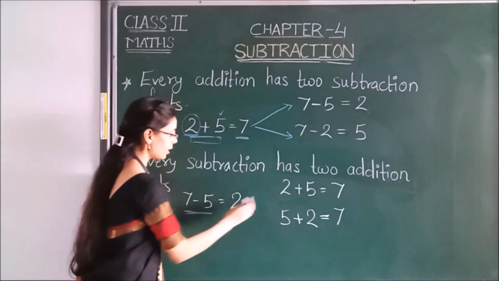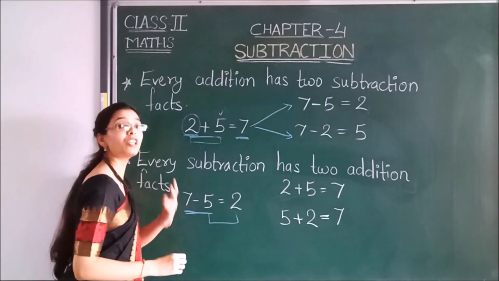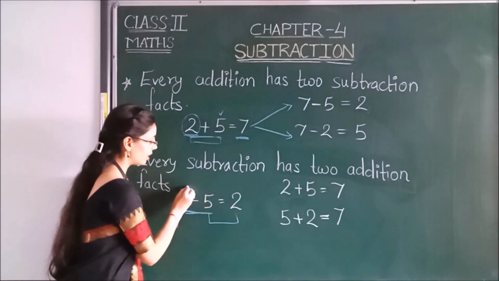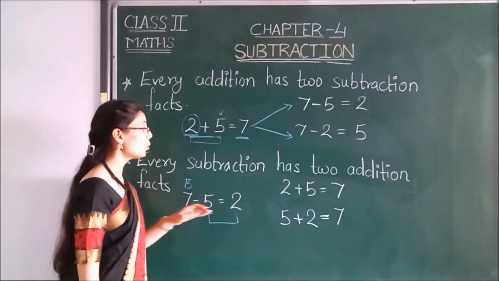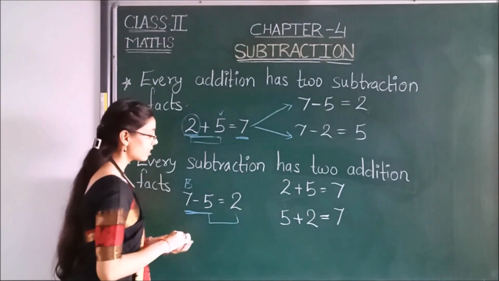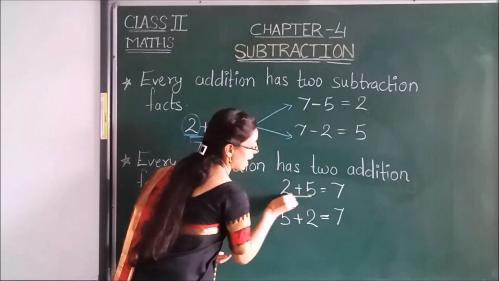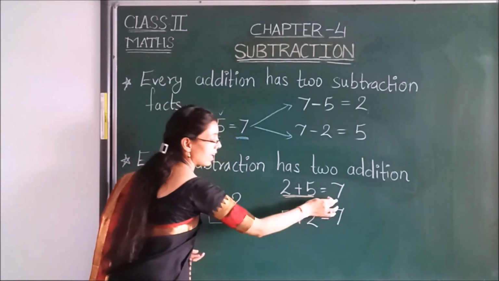When we add the two smaller numbers, we get the bigger number. So when we write two addition facts, first we add the two smaller numbers. 2 plus 5 is equal to 7.